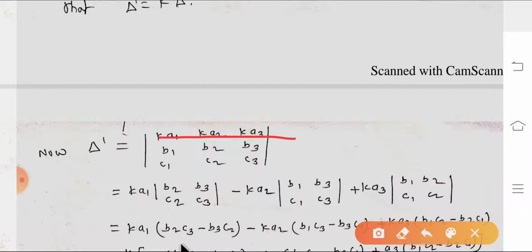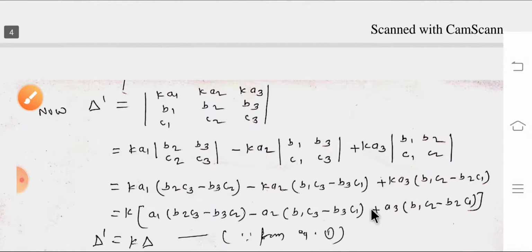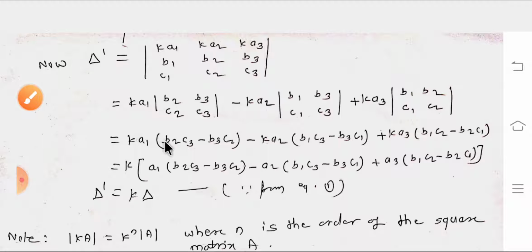So expanding, we have k into [a1 into bracket b2 c3 minus b3 c2] minus ka2 into bracket b1 c3 minus b3 c1 plus ka3 into bracket b1 c2 minus b2 c1.